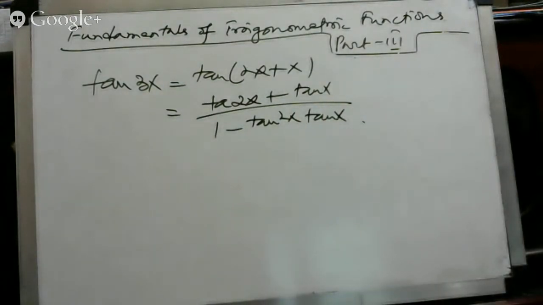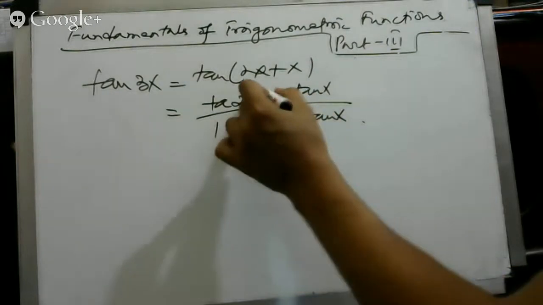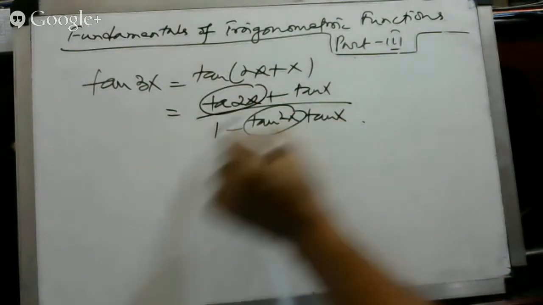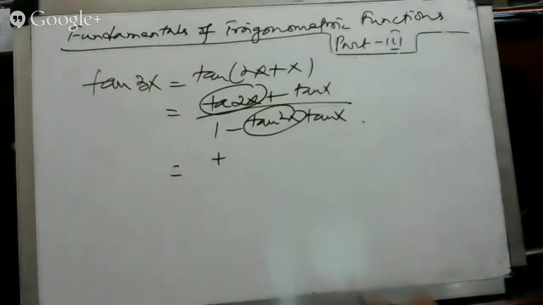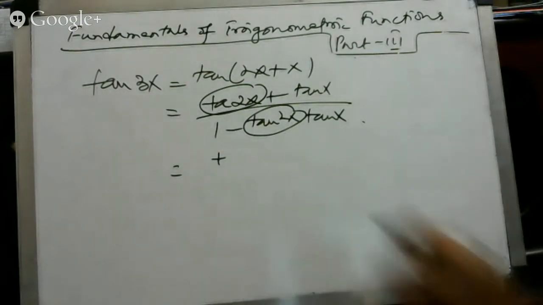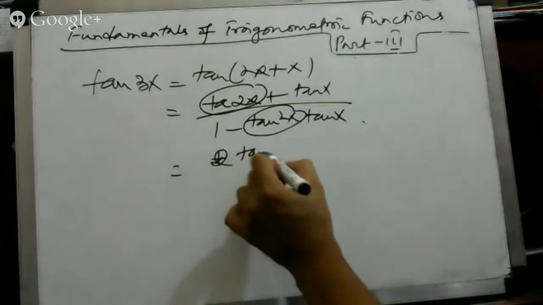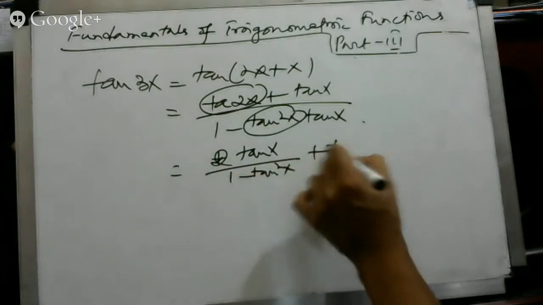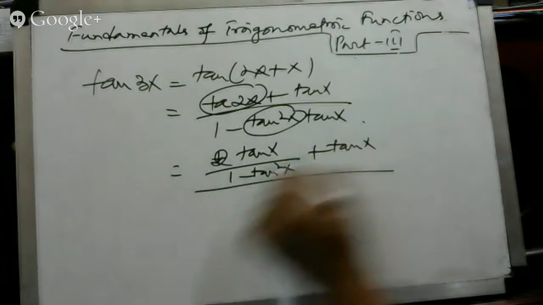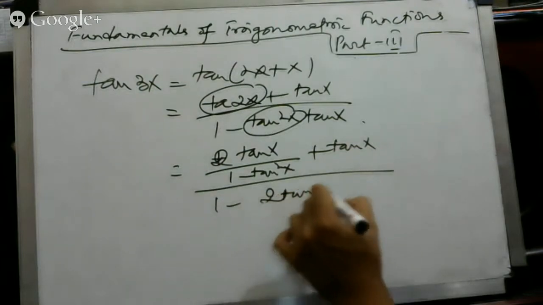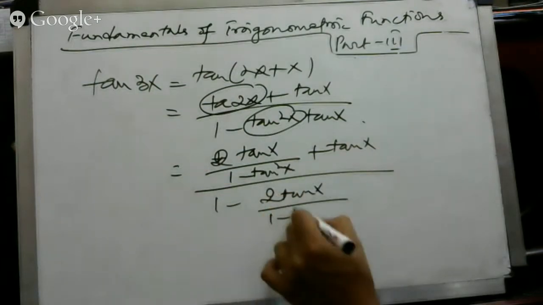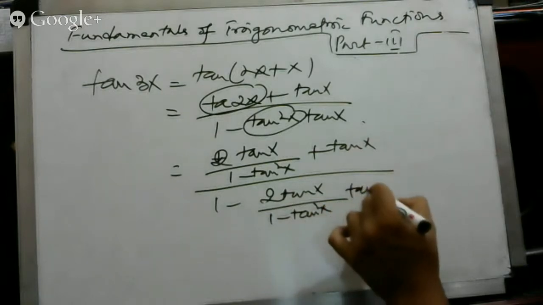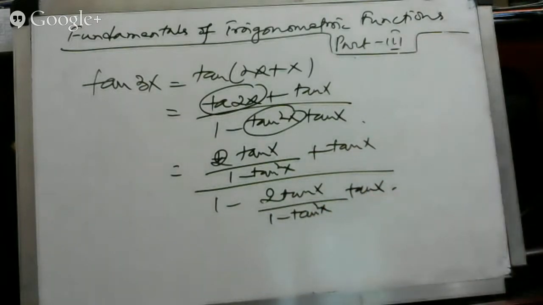Now you open tan 2x also, so this becomes 2 tan x divided by 1 minus tan square x plus tan x, over 1 minus 2 tan x, 1 minus tan square x into tan x, right?